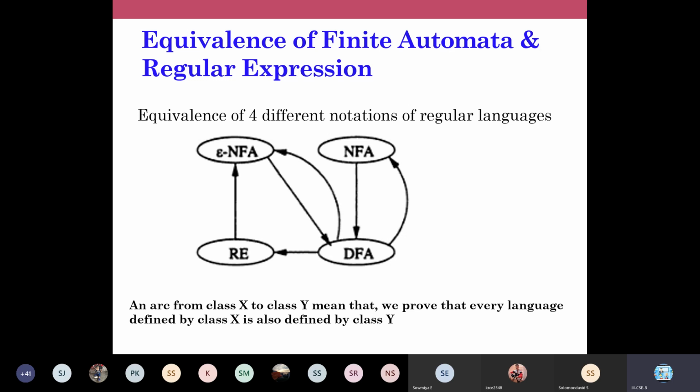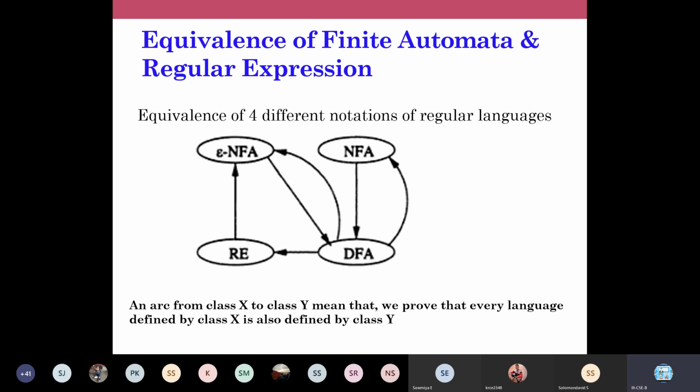You have to understand the question and identify what is asked, what we should produce. The equivalence diagram of finite automata and regular expression is this diagram. It depicts that you can convert a regular expression into any of these automata, and you can convert any of the automata into a regular expression. That is the information conveyed in this diagram.